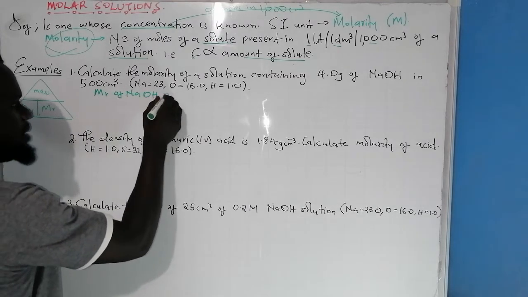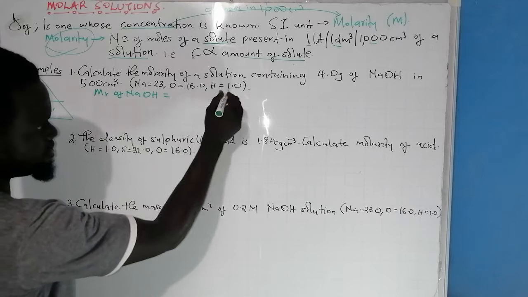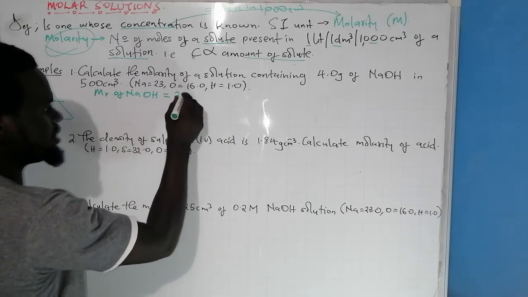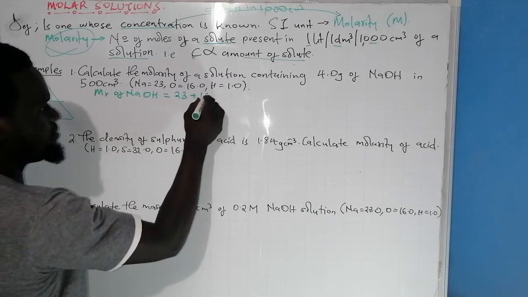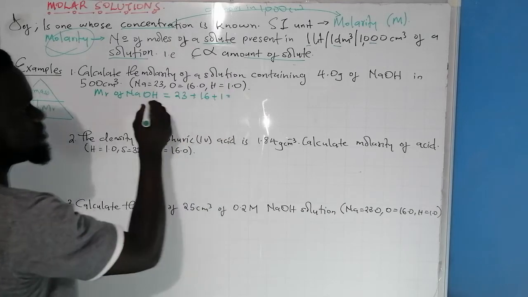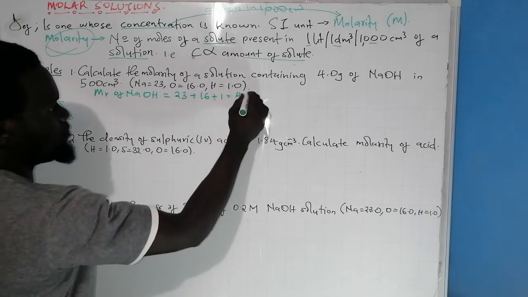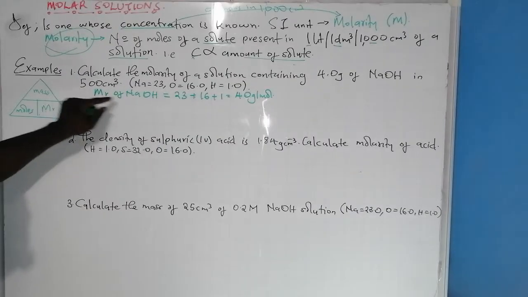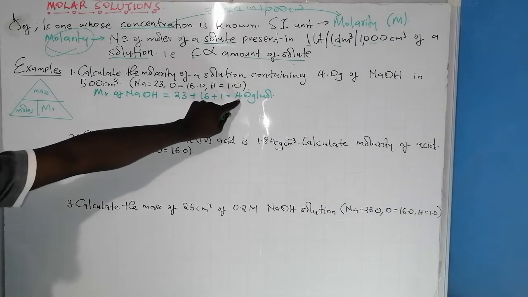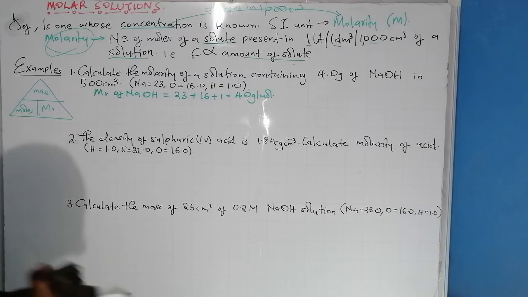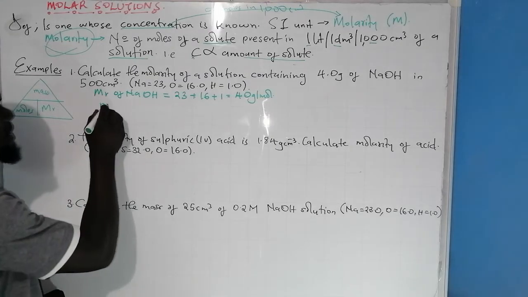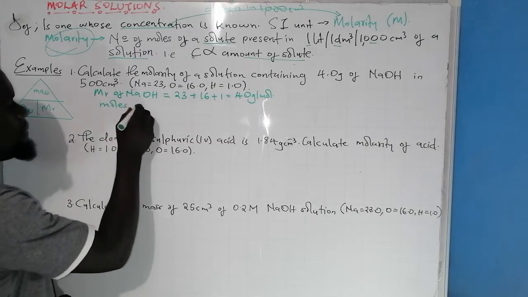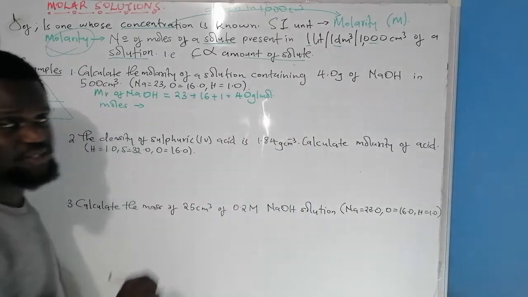And what is the molar mass? From these values that I'm having here, 23 for sodium, plus 16 for oxygen, plus 1 for hydrogen will give me 40 gram per mole. So the molar mass of sodium hydroxide is just 40 grams per mole. Secondly, I calculate the number of moles present in 4 grams of sodium hydroxide.